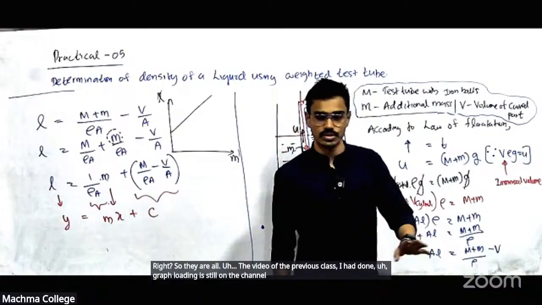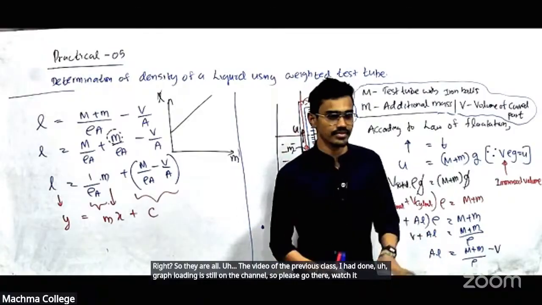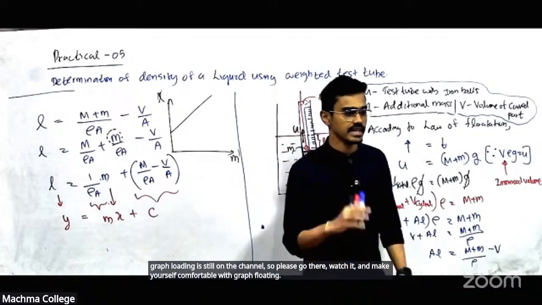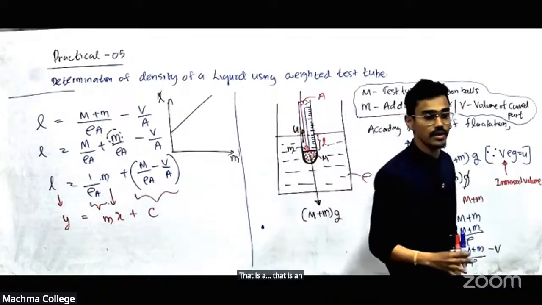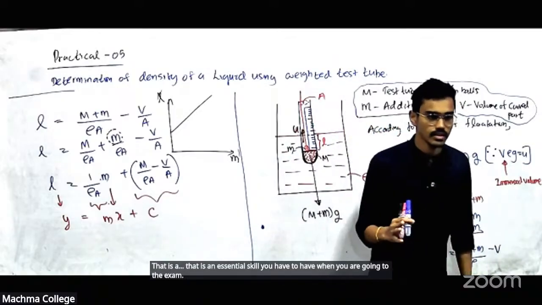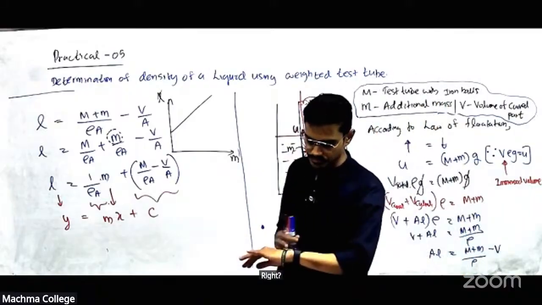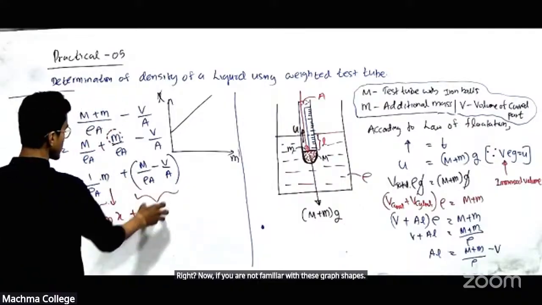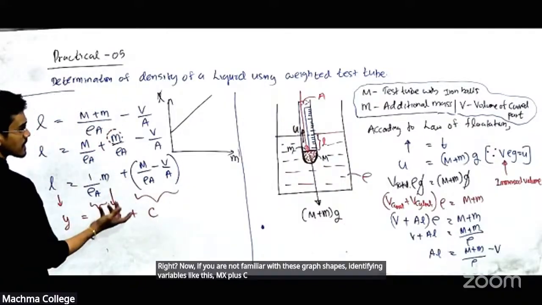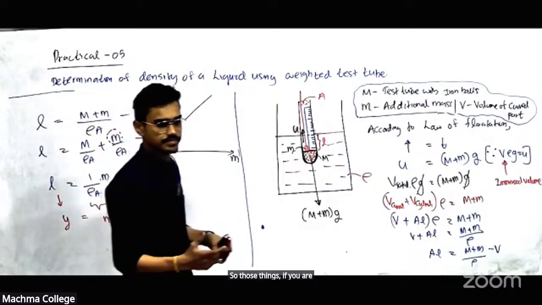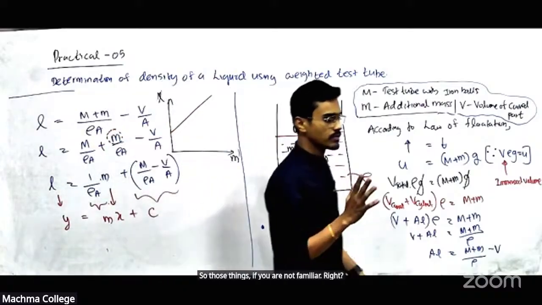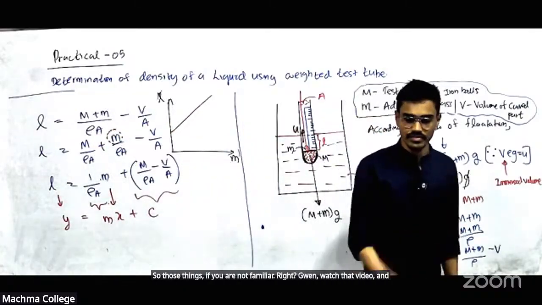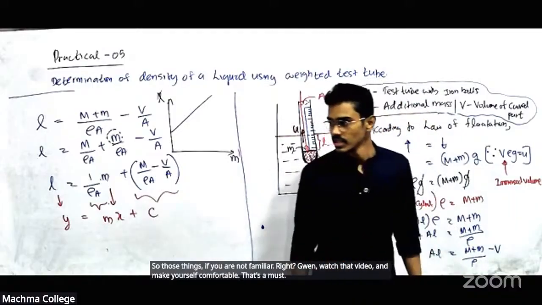So please go there and watch it and make yourself comfortable with graph plotting. That is an essential skill you have to have when you are going to the exam. If you are not familiar with these graph shapes, identifying variables like mx plus c, y, go and watch that video. That's a must.